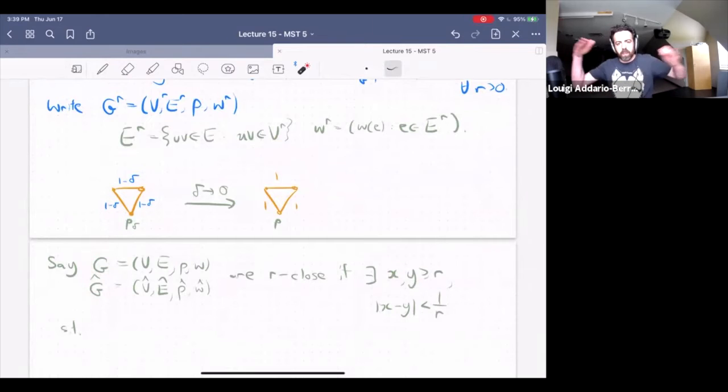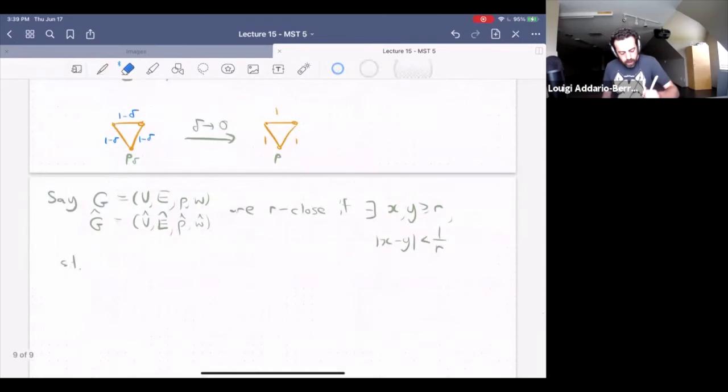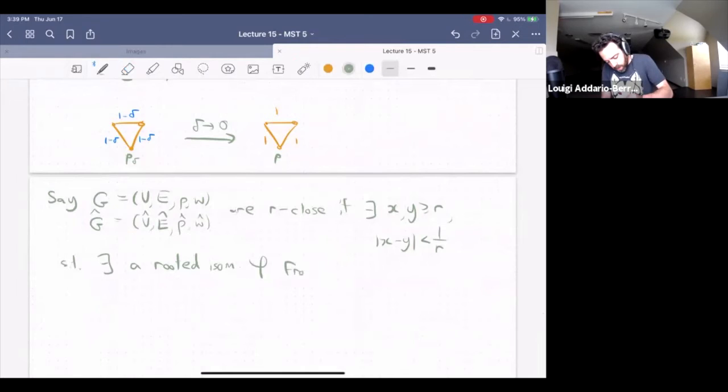Then we should see similar graphs when we go at these distances, so we've given ourselves this little 1 over r wiggle room. So then we want there to be a rooted isomorphism phi from (V_x, E_x, rho) to (V hat_y, E hat_y, rho hat).